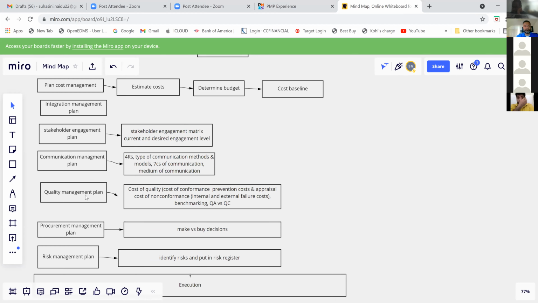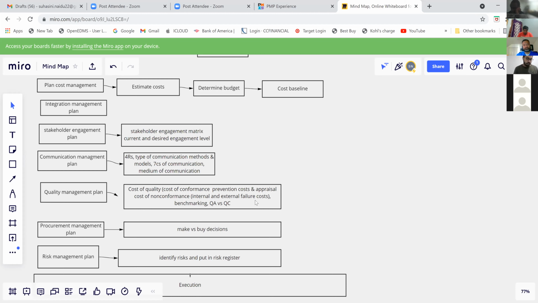The quality management plan includes the cost of quality, which is cost of conformance and non-conformance. Conformance includes prevention cost and appraisal cost, and non-conformance includes internal and external failure costs.